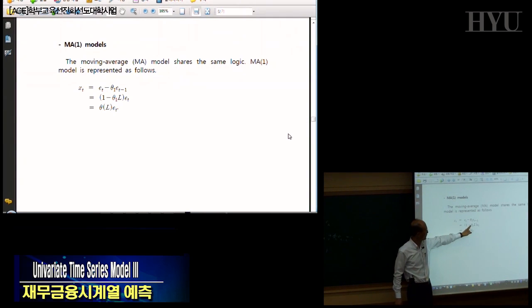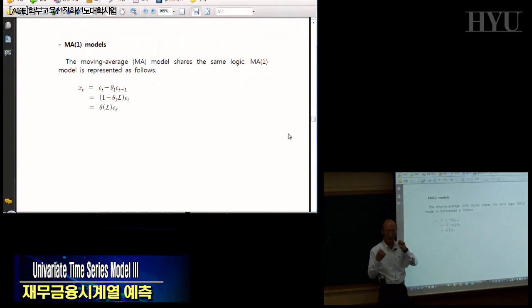The reason being, suppose theta 1 is 1. What is the expected value? 0, right? 0. What is the variance? Well, the variance of e of t is sigma squared, and then this constant is squared, so plus theta 1 squared sigma squared, which is constant.